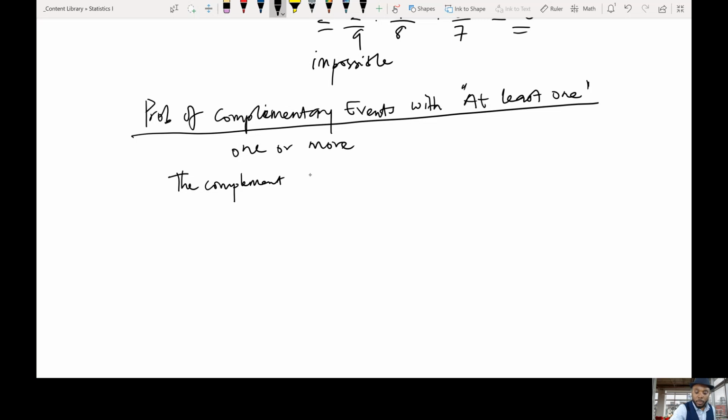So the complement is what? It is 0 or none. So what we are saying here is that the probability of at least one is equal to 1 minus the probability of none, of 0.